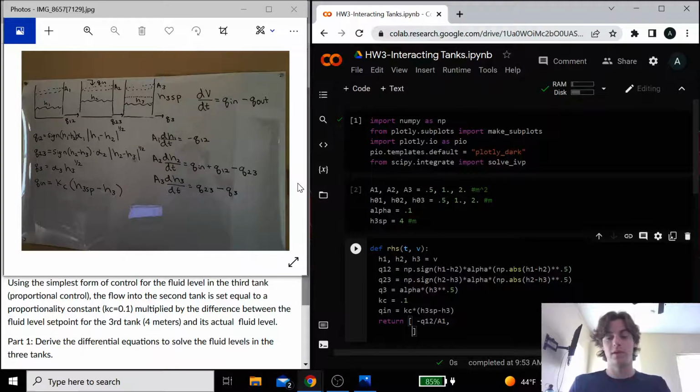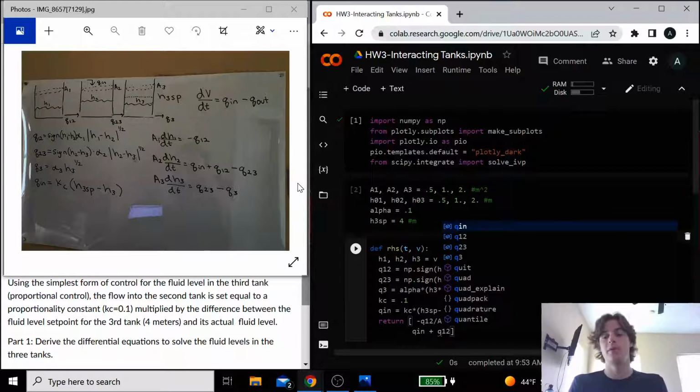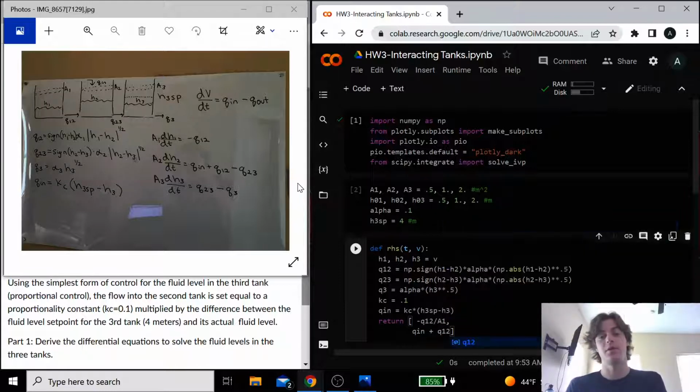Then we will have the flow rate into tank 2 plus the flow rate between tank 1 and tank 2 minus the flow rate from tank 2 to tank 3, and this will all be over the cross-sectional area of tank 2.